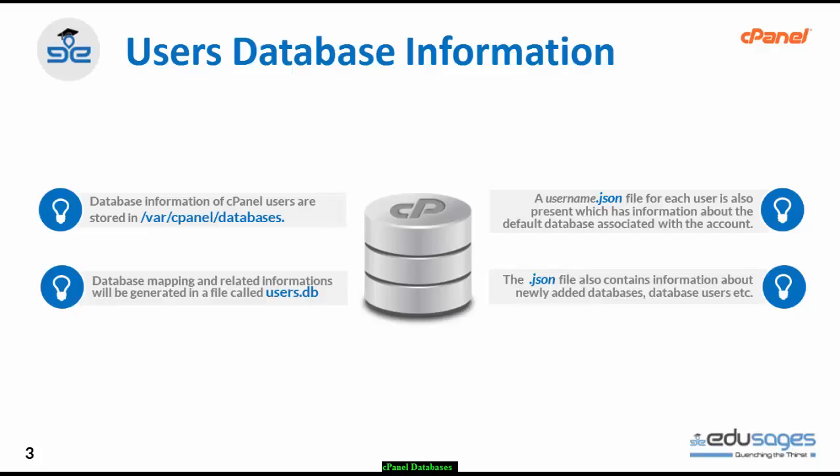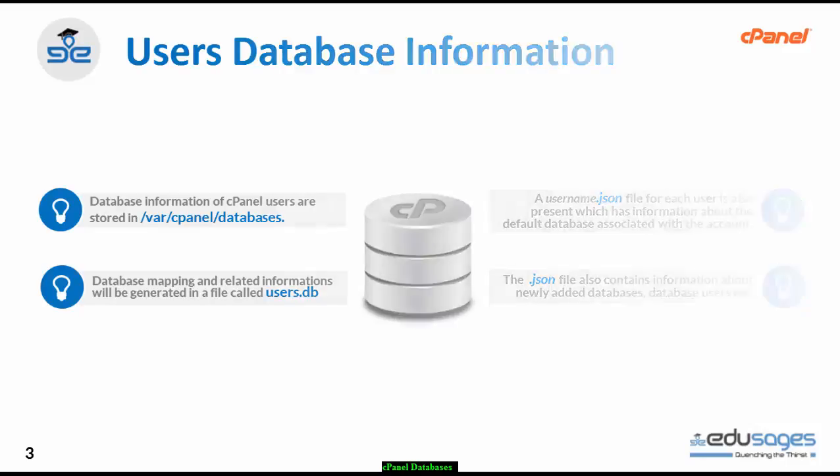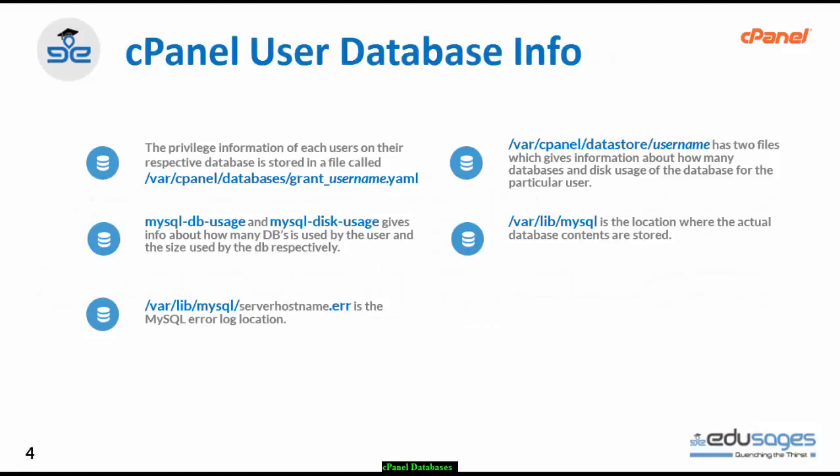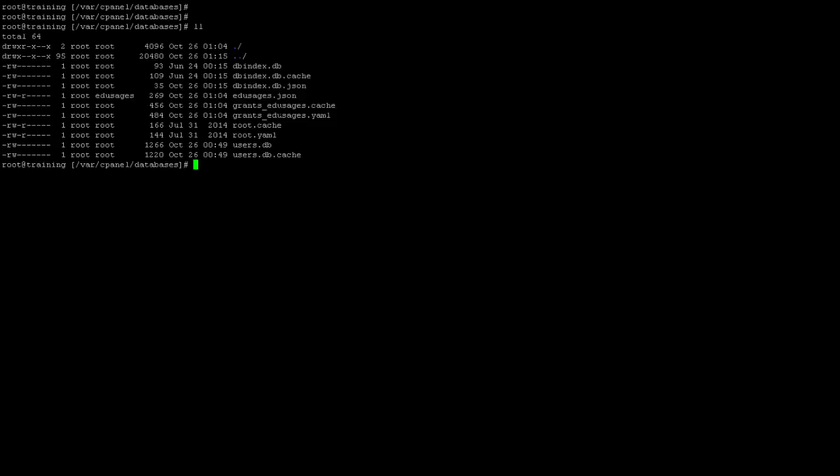So we can go into some more details about the /var/cpanel/databases directory. The privilege information of each user on their respective database is stored in a file called grants_username.yaml. It is a file in the YAML format and we can check it now. This is the file in our case. We can check the contents of the file.